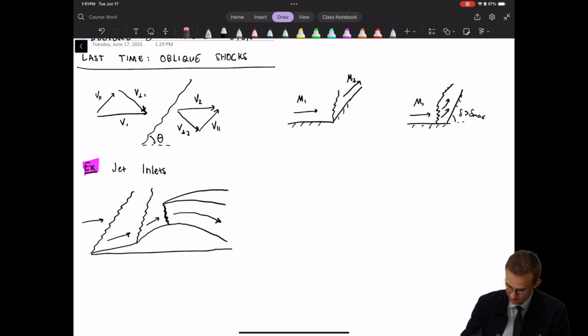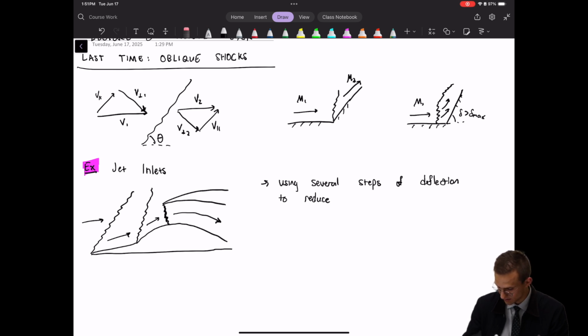Okay, so essentially you're using several steps of deflection to reduce the strength of the normal shock at the inlet.